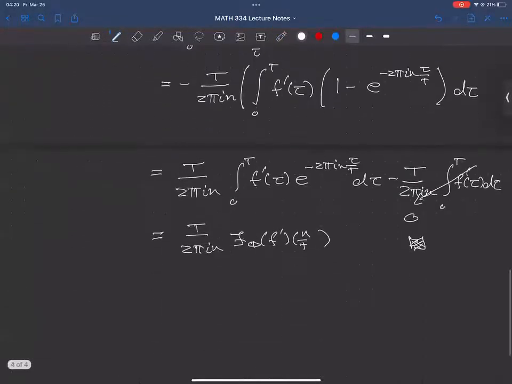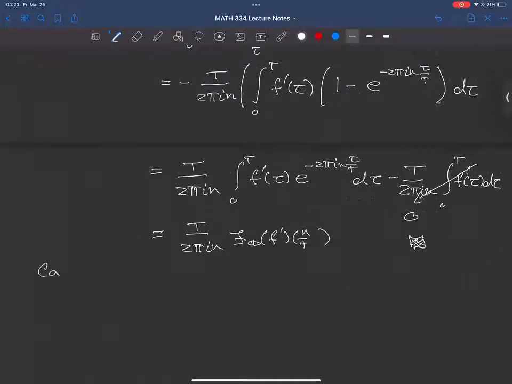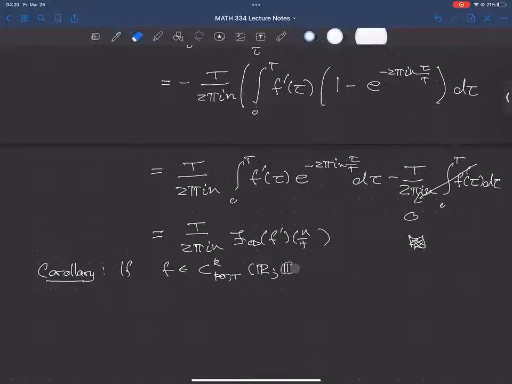So what you get when you do that is, if f is k times continuously differentiable and periodic, okay, what I want to do now is assume that the top derivative of f has the same properties that I had for f itself here.